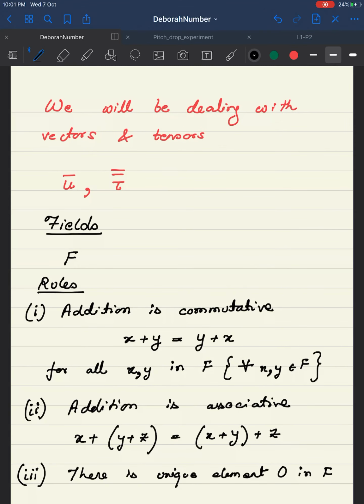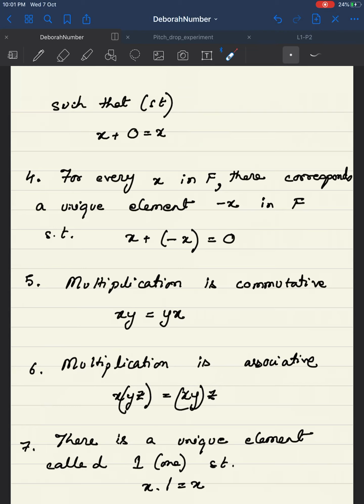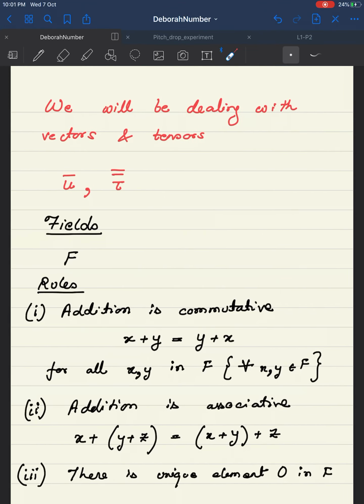Starting from operation 1, 2, 3. Oh, I changed the format 4, 5. Sorry, I was using Roman 1, 2, 3, 4. Maybe I'll just rewrite this as 1, 2, and then 3.